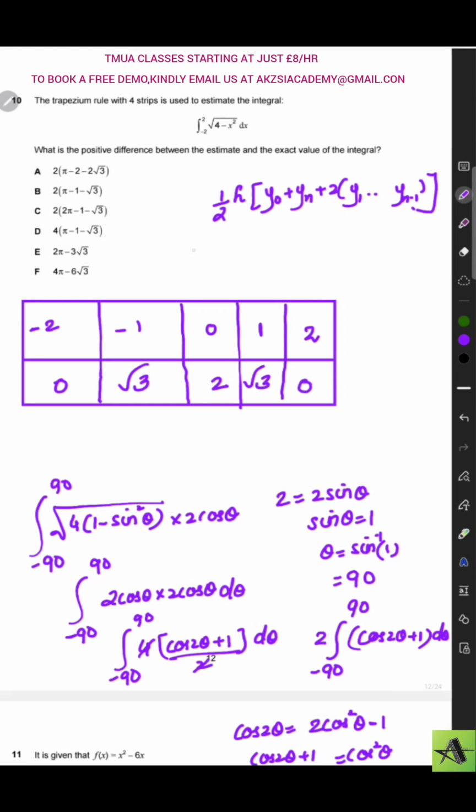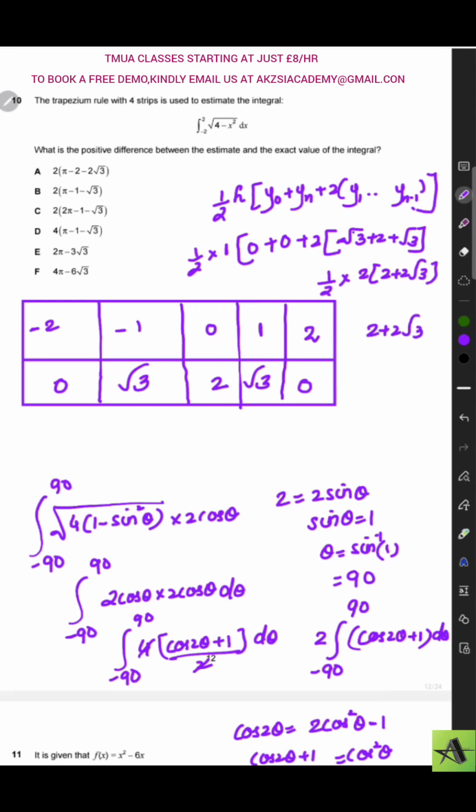So put the values. Half times 1, y0 is 0, plus yn is 0, plus 2 times (root 3 plus 2 plus root 3). That will give me half times (2 plus 2 root 3)... so 2 plus 2 root 3 is the answer. So we have to find the positive difference. So just let me subtract. 2 plus 2 root 3 minus 2 pi.